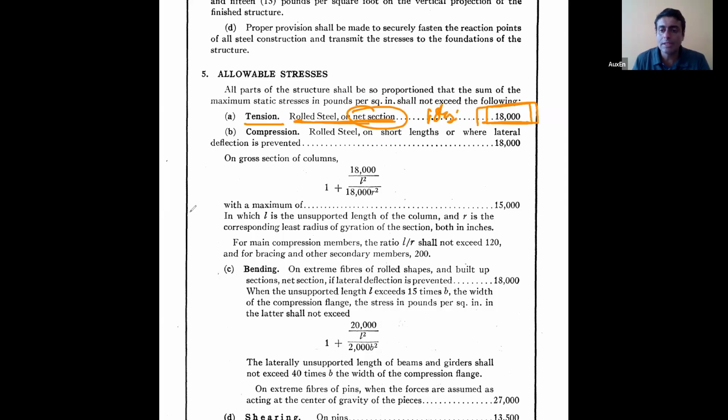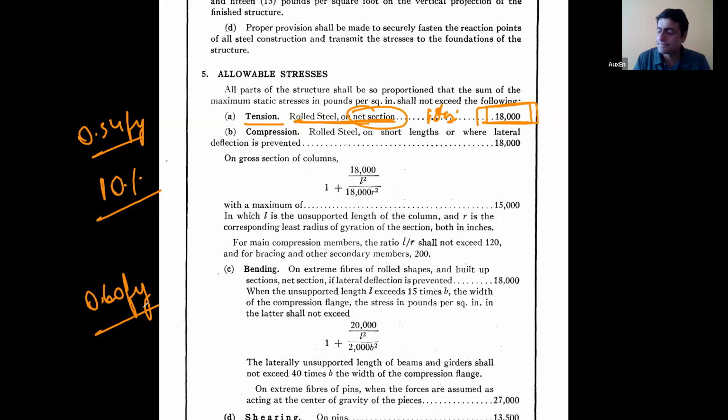Mr. Vineet is saying the section size is now less, of course. So you see a direct 10% reduction in section size in tension, because earlier you were limiting to 0.54 Fy. In the later codes, you allowed it to 0.6 Fy. Got it?